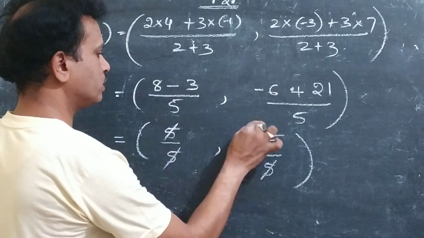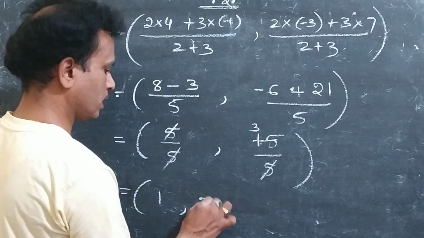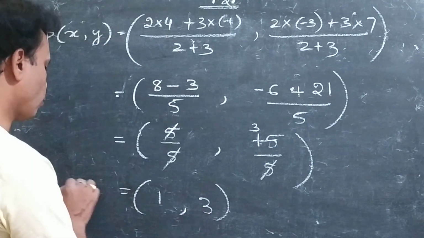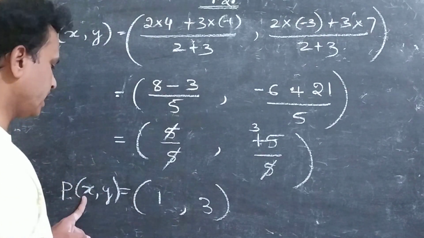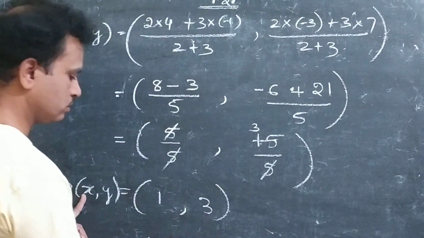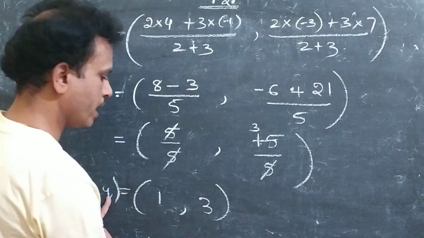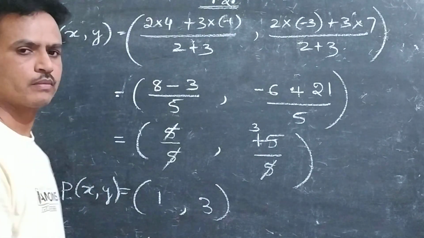So this is equal to (1, 3). That means point P (x, y): the x coordinate, that is x, is equal to 1, and the y coordinate, that is y, is equal to 3. Understood?